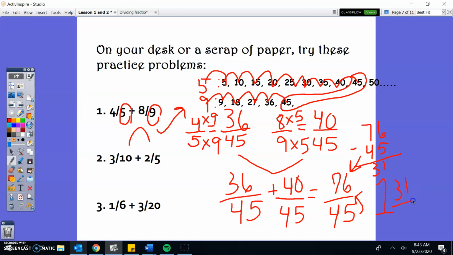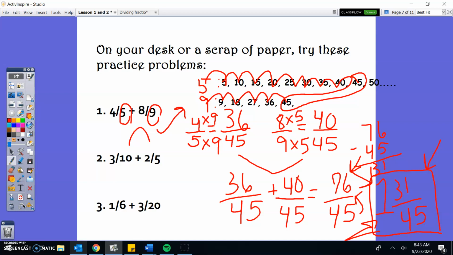So my answer is 1 31/45ths. That is quite the answer for number 1. If you got this correct all the way down to the mixed number, that is extremely impressive. If you got it incorrect, that is okay, because that was a tough one. So that's for number 1.